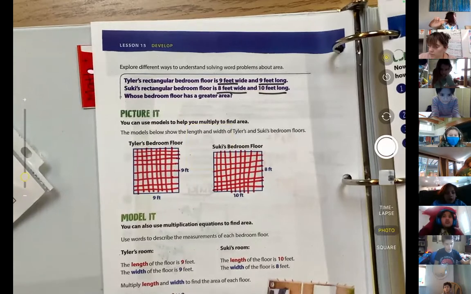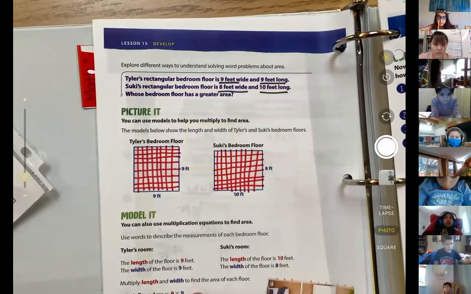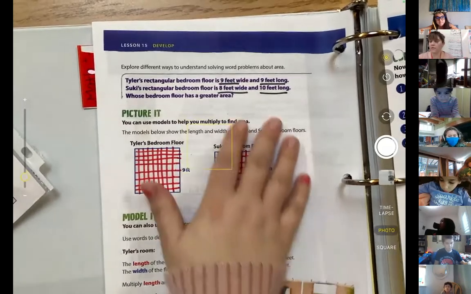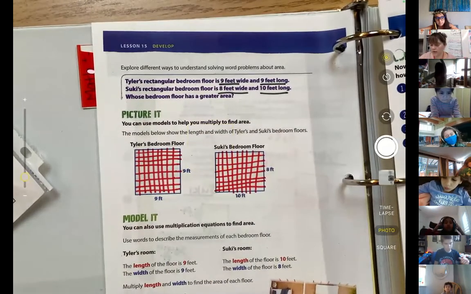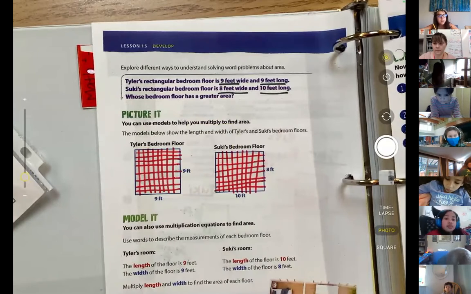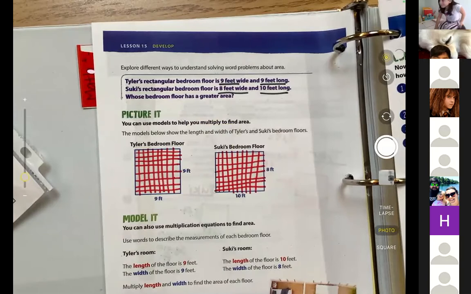Before we move on, were there any questions about how we found Tyler's bedroom area and Suki's bedroom area? We're good, no questions?